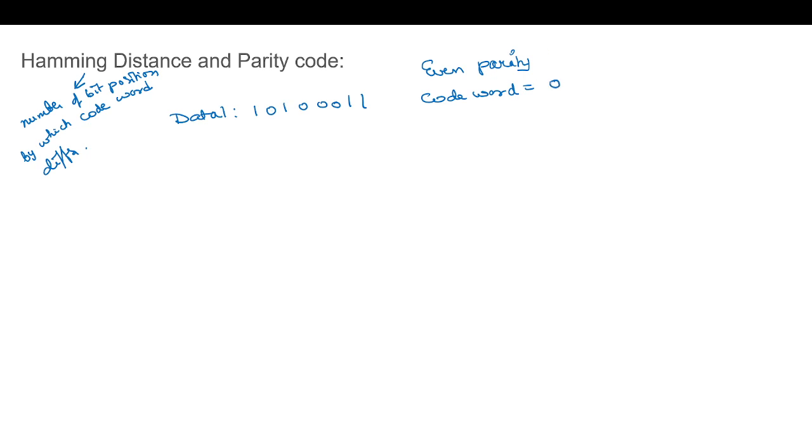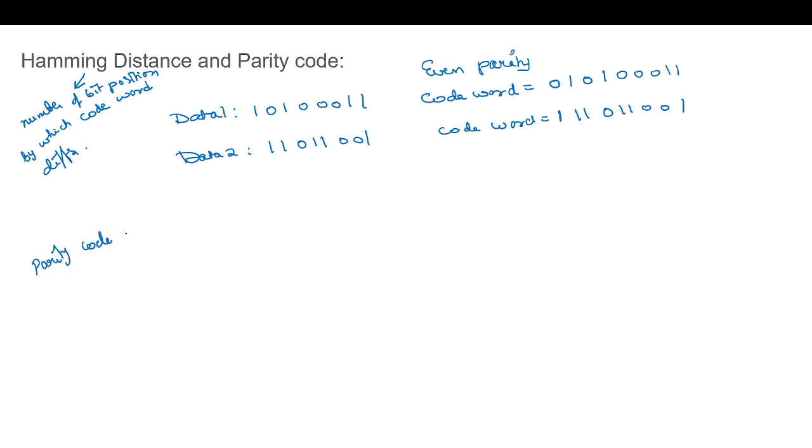It's already an even number, so 0 will be the parity bit, followed by the data. Similarly, if the data 2 is 1 1 0 0 0 1, the code word will start with 1 because there are 5 ones. So 1 and the data. So this parity code can detect one bit error.